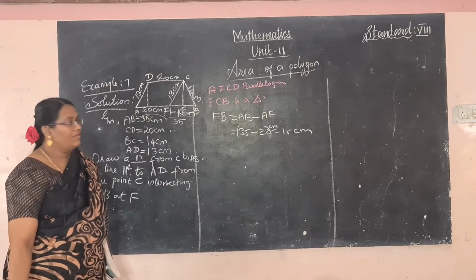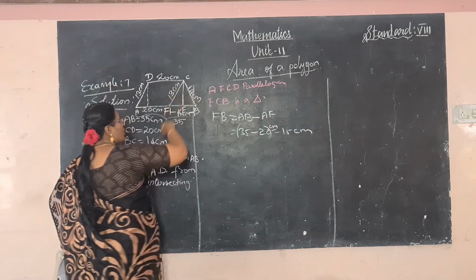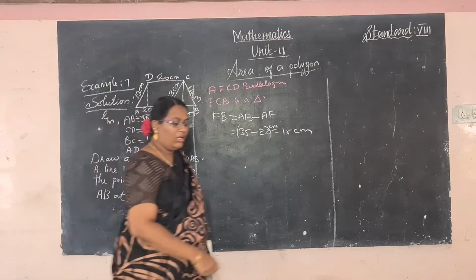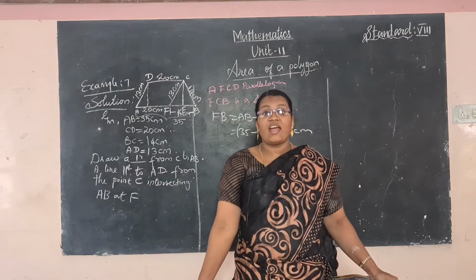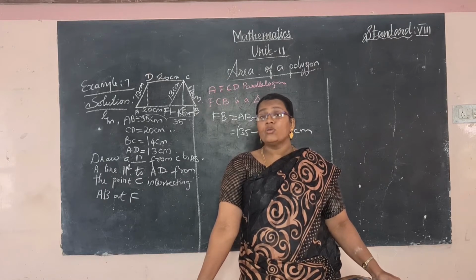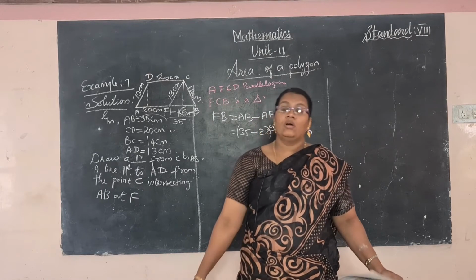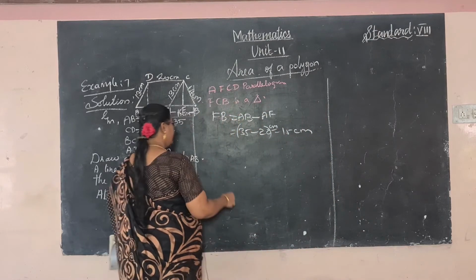Okay, FB value was 15 centimeter. Now we know the values of three sides of the triangle. But you know the formula for the area of the triangle only as half into base into height. But here the height is not known. So we use another formula for the triangle.